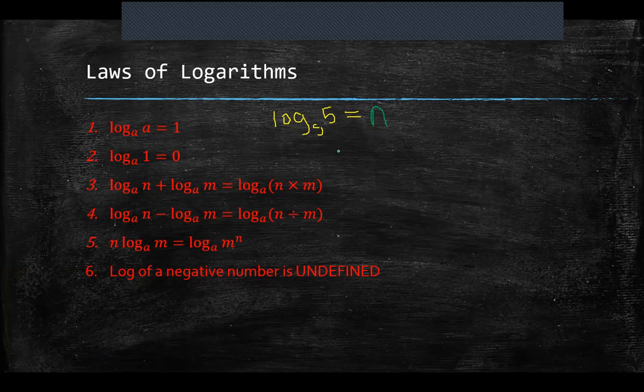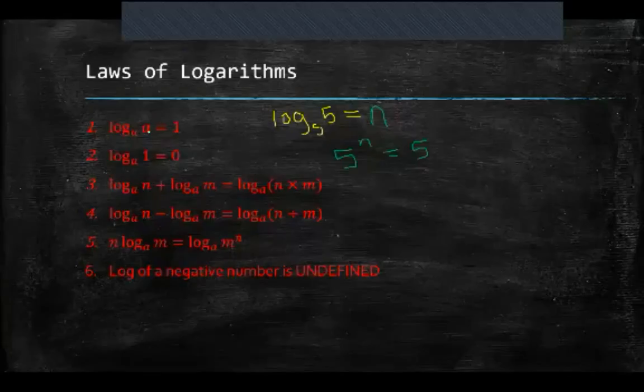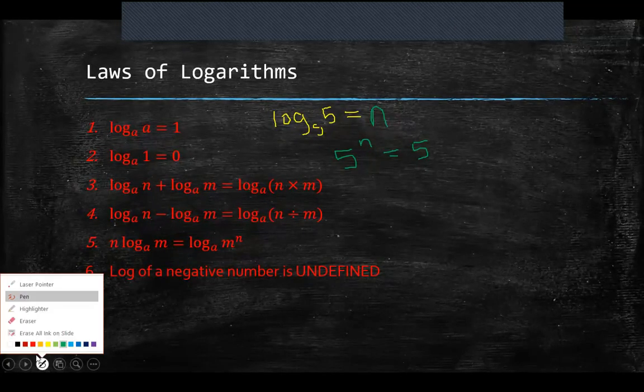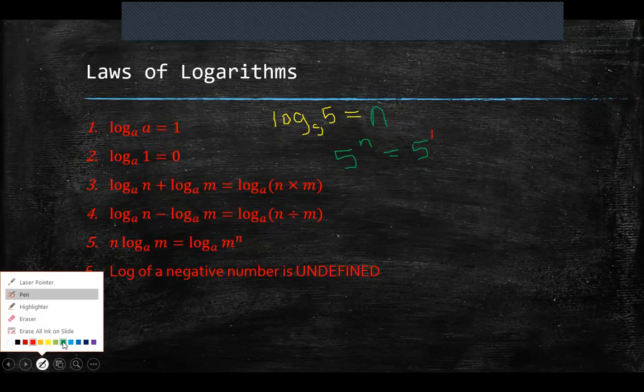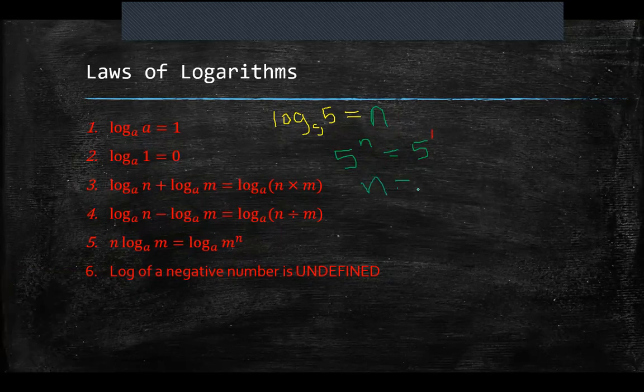So I could rewrite this as 5 to the power of n would give me 5. So how did they figure out that this is equal to 1? Remember, any number raised to the power of 1 is itself, right? So I could say 5 is the same as 5 raised to the power of 1. Now that I have the same bases, I can equate their indices, and that is how they got n is equal to 1. That's why the rule states, if these two numbers are the same, my answer is going to be 1.